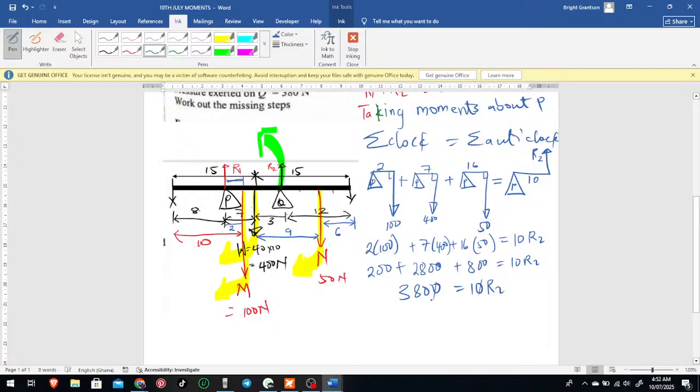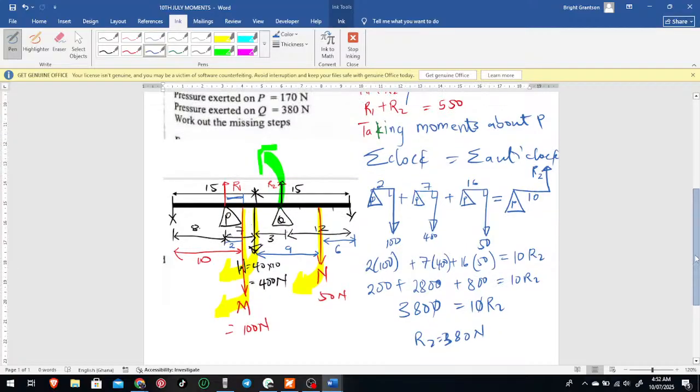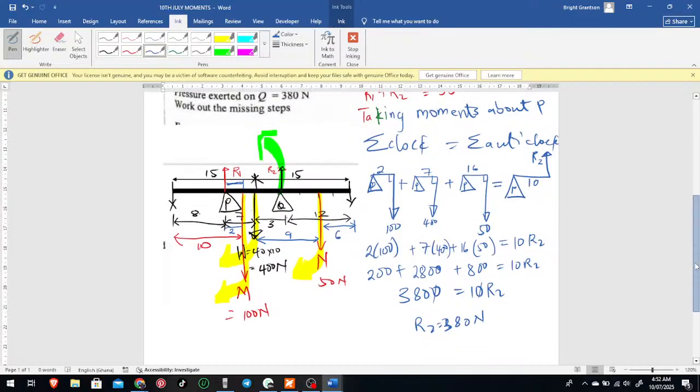Cancel this and this. 380. Let's check if R2 is 380. Yes, R2 is 380. So the force exerted on Q is 380.